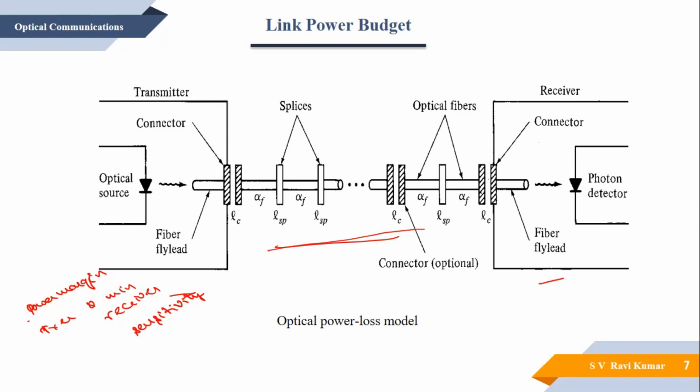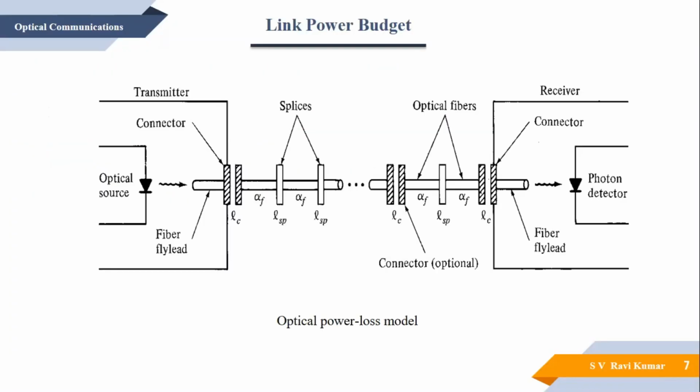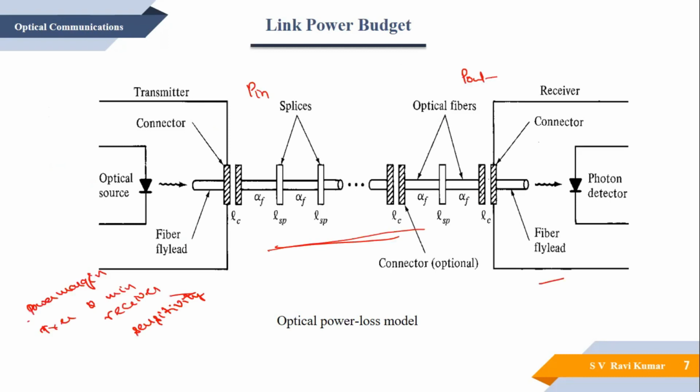Now, P in is the input power and P out is the output power for each component, so for each component the loss is expected. If P in is the input power and P out is the output power for the component, then the loss is equal to 10 log P out by P in. Generally the link margin is about 6 to 8 dB.